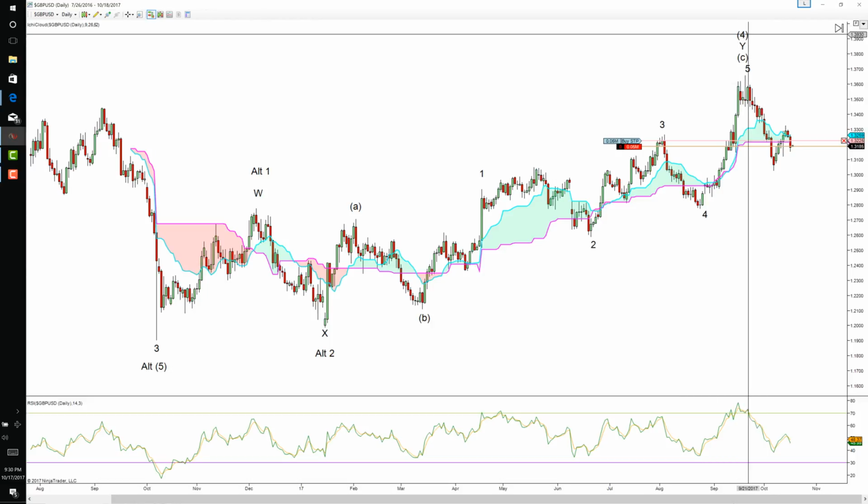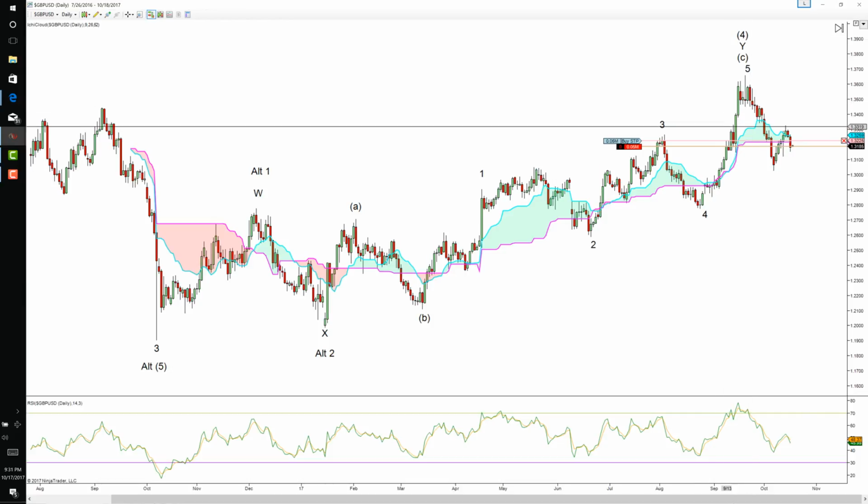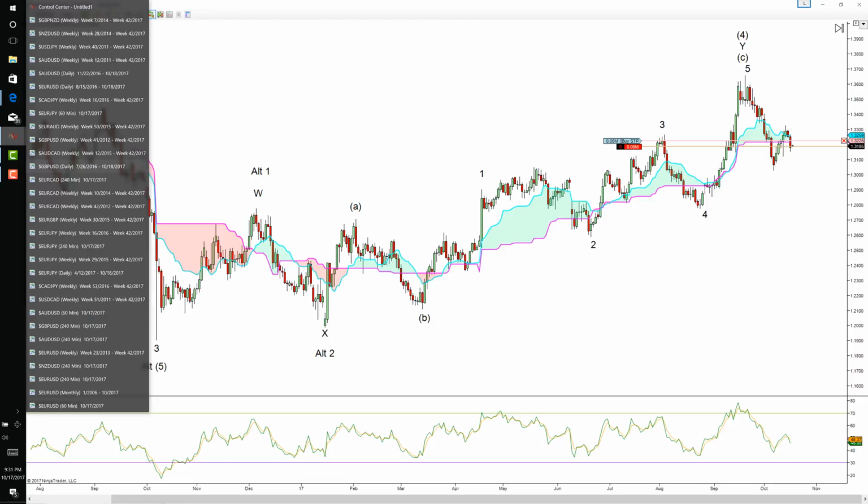So instead of this being a 4, this will be an A. You're basically looking for an ABC correction before you start the trend back down.